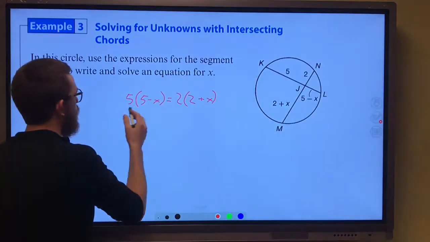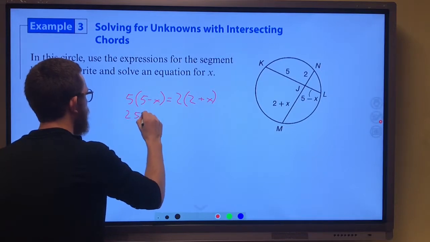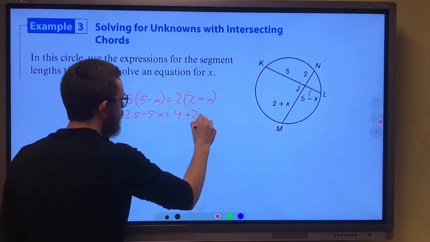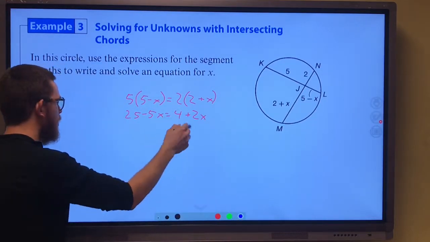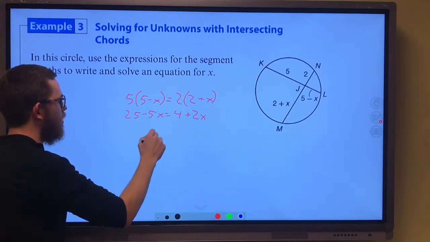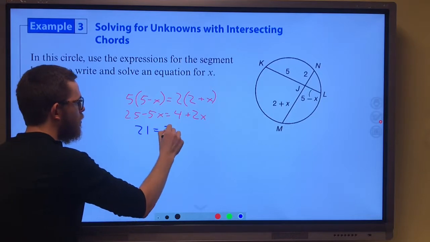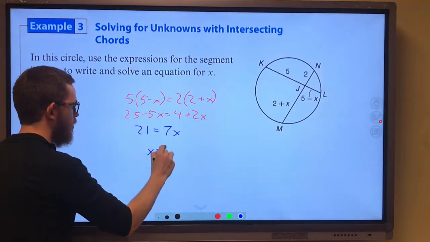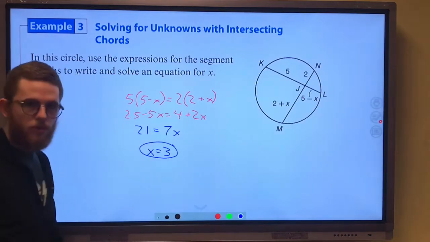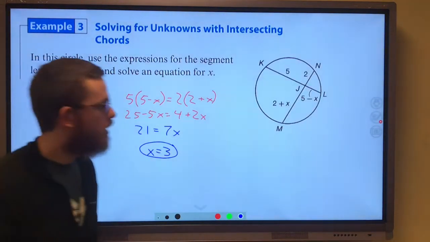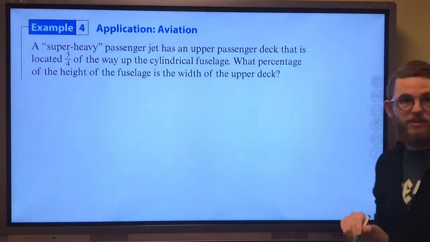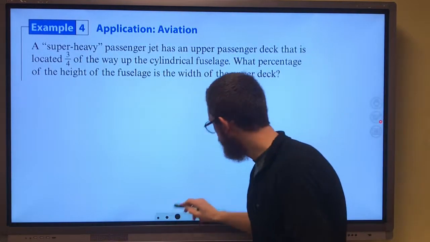And so this would have to be 25 minus 5x equals 4 plus 2x. We can get all the numbers to one side, and this gives us 21 equals 7x when we add the 5x over, and so x comes out to equal 3. All right, not too crazy, very helpful. Last example, that's right, we're already at the last example here.